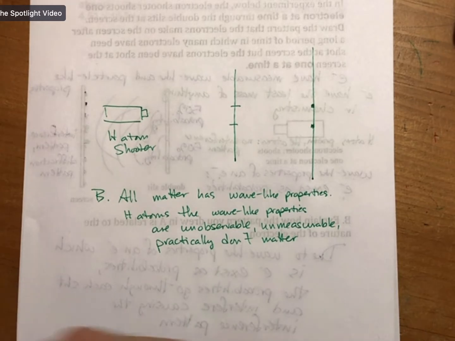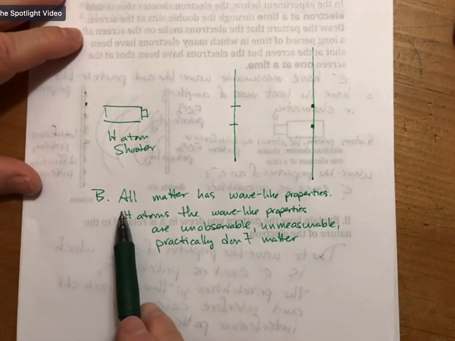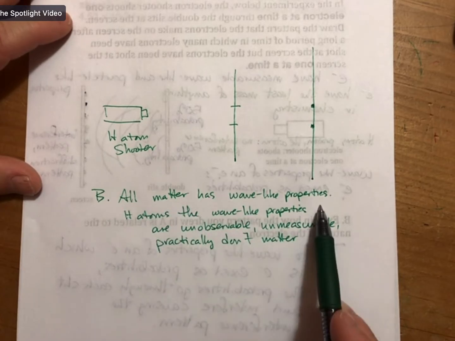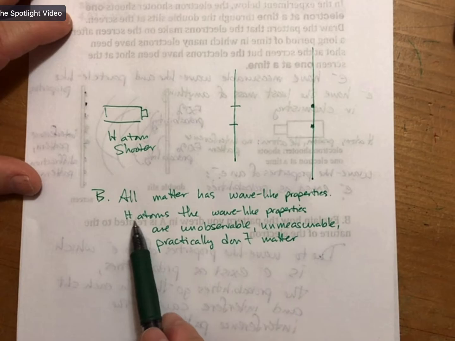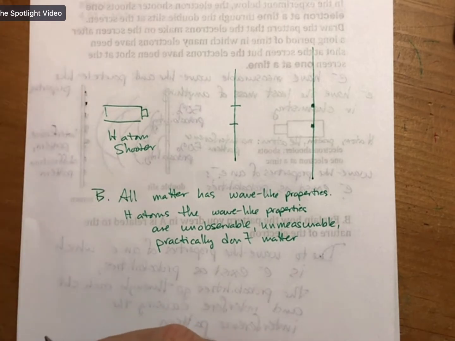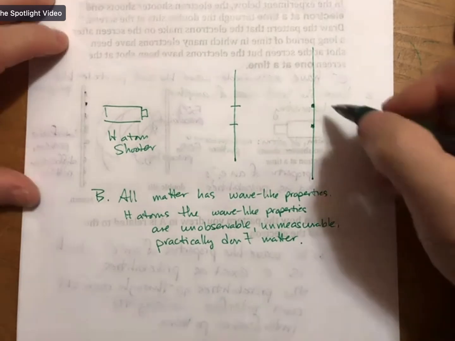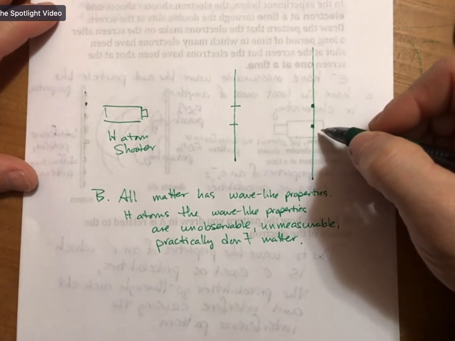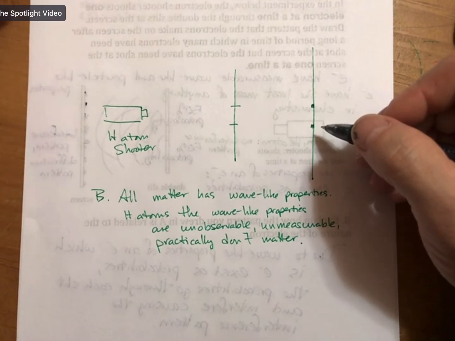And the second thing, and it's a great question: it is true that all matter has wave-like properties, but for hydrogen atoms, for protons, for helium atoms, for anything else, it doesn't matter. It's unmeasurable, so there's never an interference pattern. I think that's the next layer of complication, but that is how you would answer.